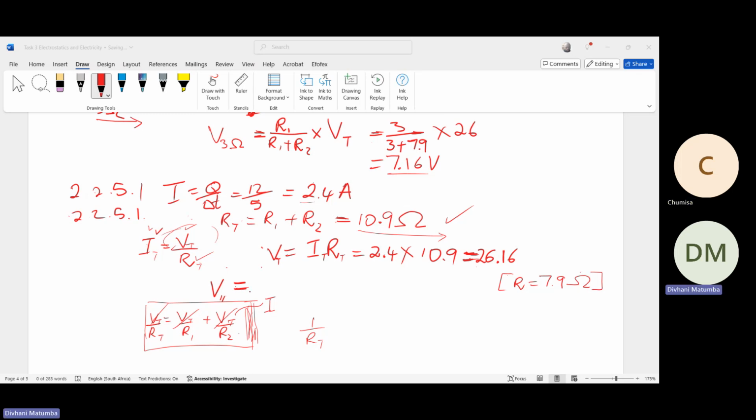So according to Ohm's law, V equals what? V is equal to I times resistance.